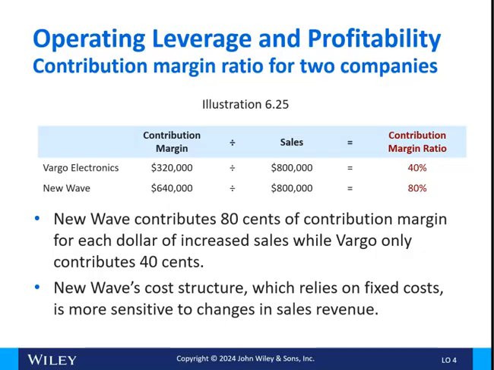New Wave's cost structure, which relies on fixed costs, is more sensitive to changes in sales revenue. So each increase gives you more profit, but each decrease dollar is also going to give you that much less in contribution margin and net income. So it's sensitive both ways.